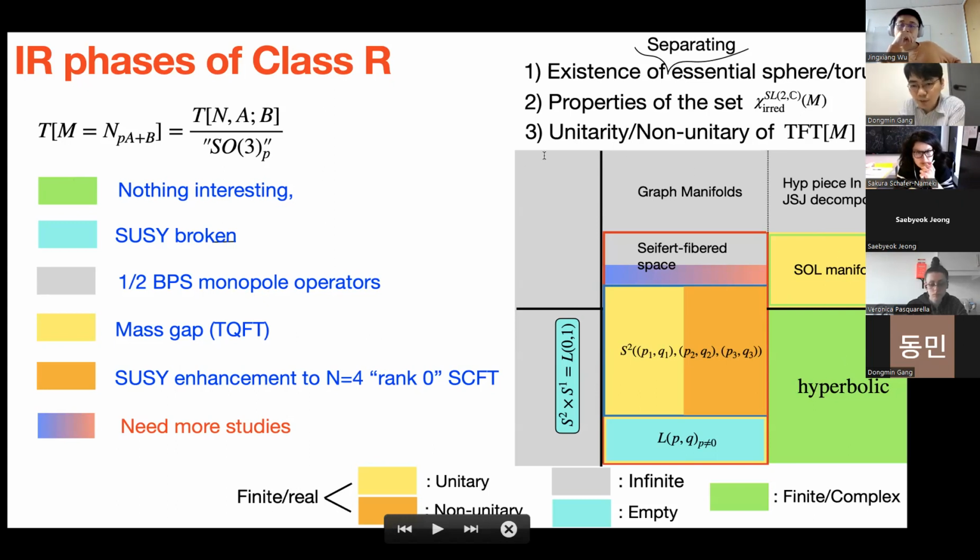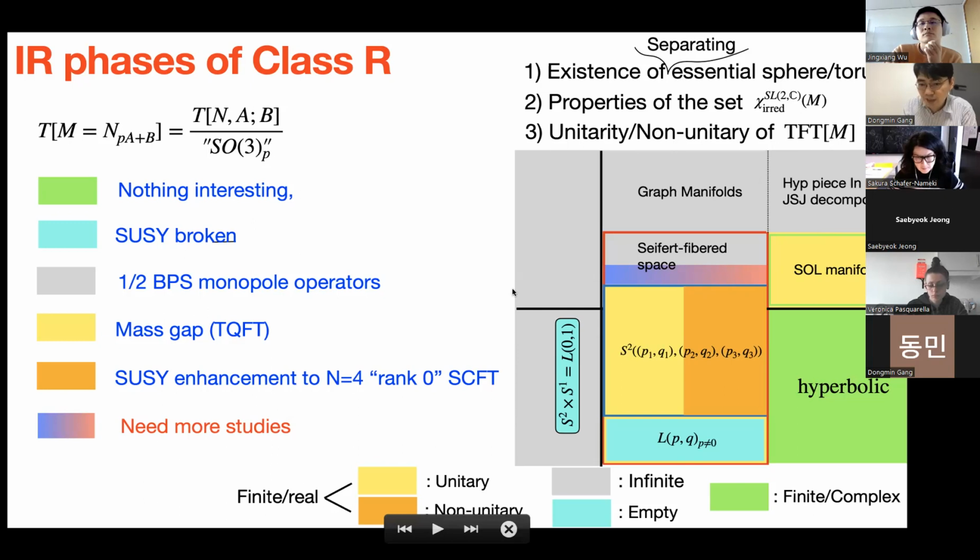And this is a classification of three-manifolds, hyperbolic and non-hyperbolic, and I will explain it later. This is a hyperbolic piece, and the others are the non-hyperbolic parts. And this is a criterion of this classification, and I will explain that in detail.